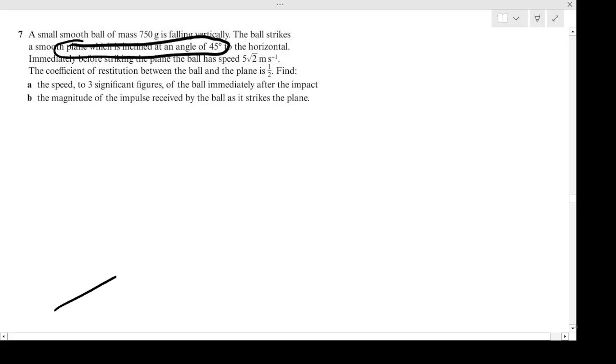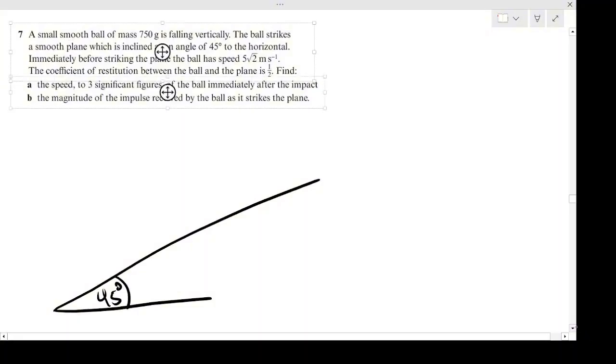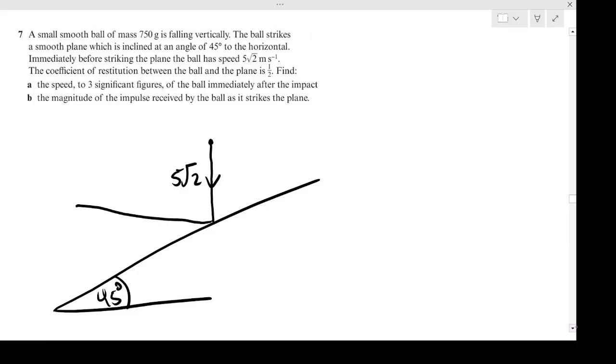So we've got a situation like this, okay, and it's at an angle 45, and the ball is falling vertically down. So again, it's going to look like this. It's going to move straight down like this, and the speed is 5 root 2 here. Then afterwards, let's say it's going to bounce off like this.